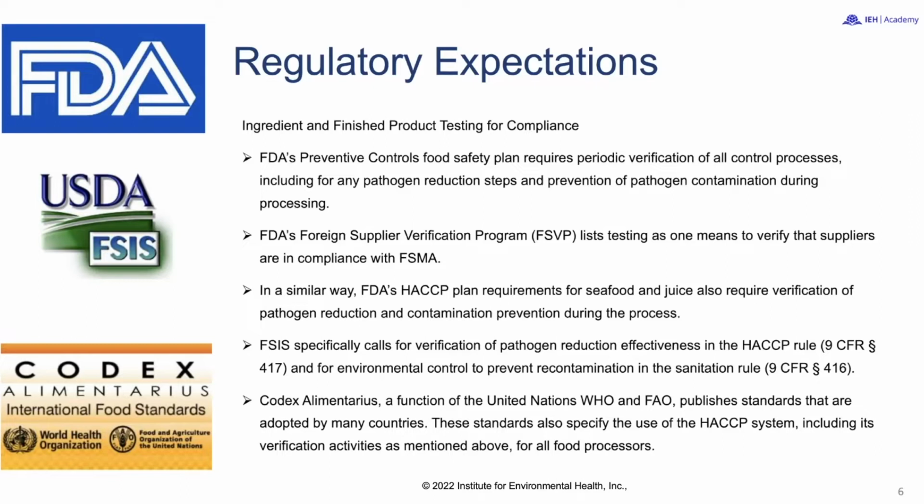We all believe that we have good and robust control programs, but it's necessary to do a certain amount of verification testing to demonstrate to ourselves in an ongoing way that our control programs are actually working. When you find a pathogen in a finished product, it almost always means that one or more of your control programs simply aren't working. Next slide, please.